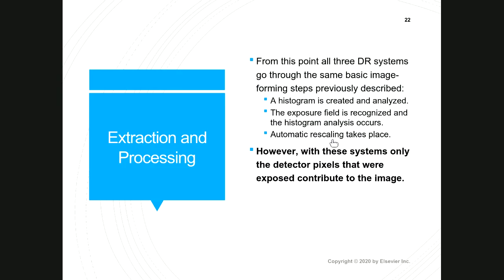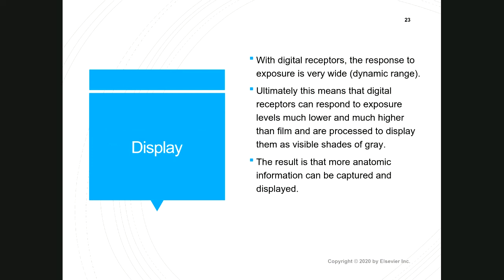So you want to limit what doesn't get evaluated in the image. You don't want wasted space. So you want to collimate, and it's way more important with DR systems versus CR or film. It's important regardless, but with the DR systems, it's vital that we collimate, right?